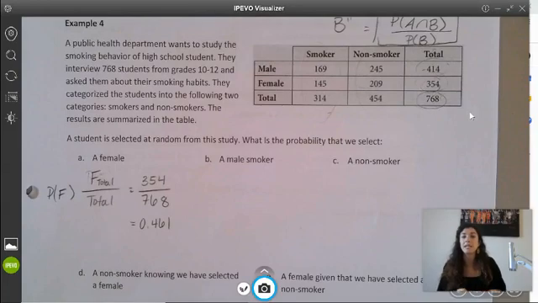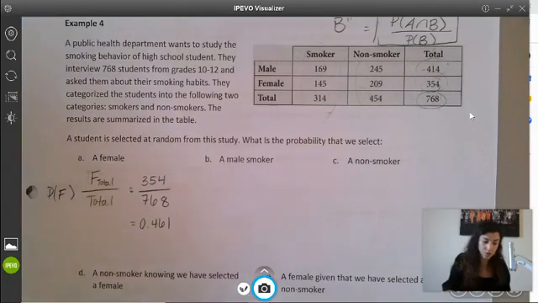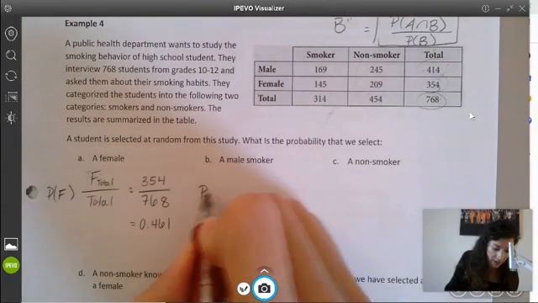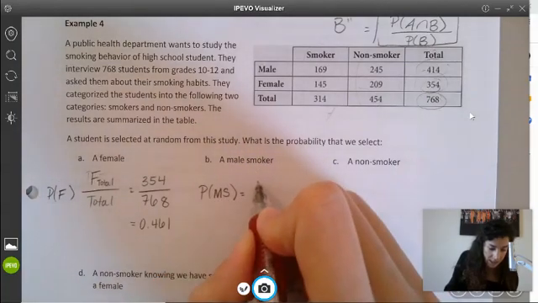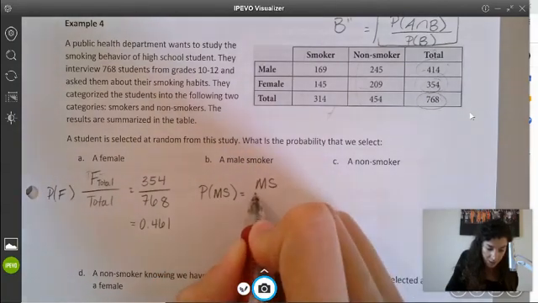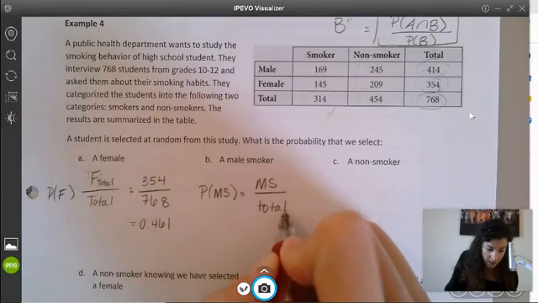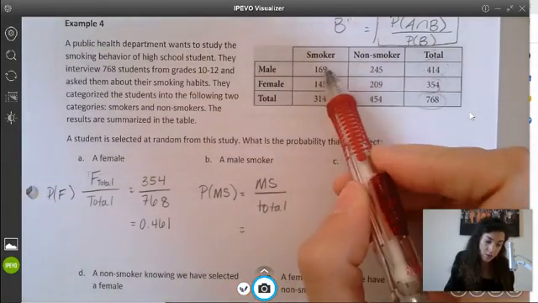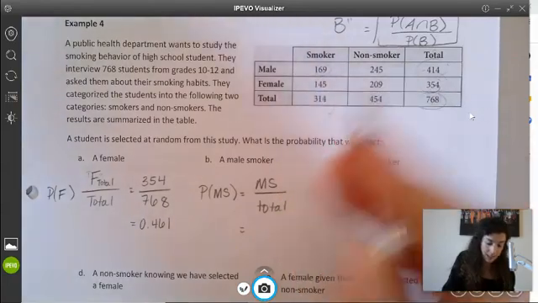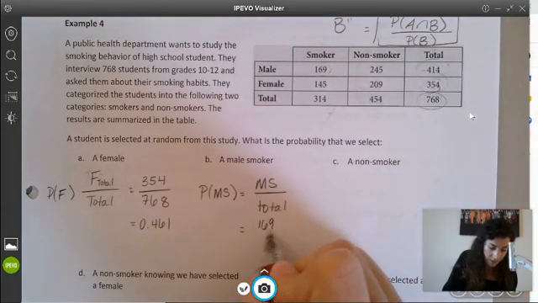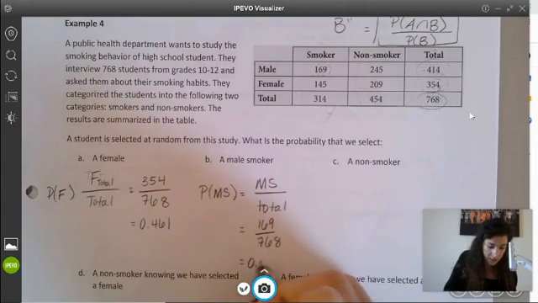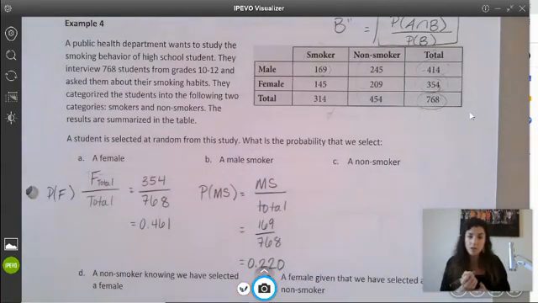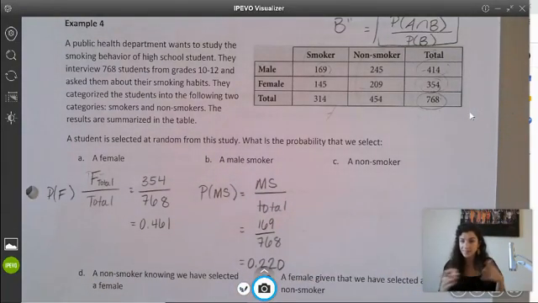What is the probability that we select a male smoker? In order to find the probability of a male smoker, it is the number of male smokers divided by the total. The number of male smokers is 169 divided by 768, which gives us a decimal of 0.220.